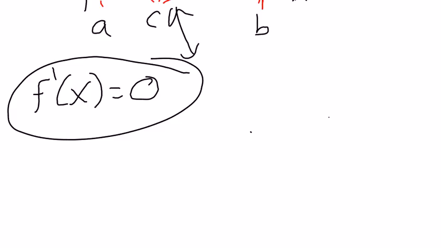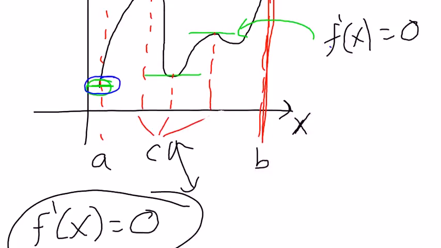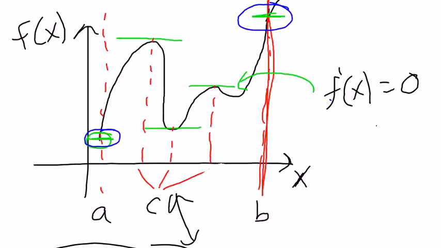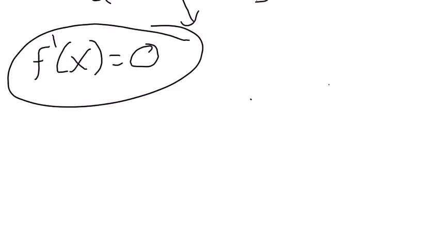By definition, they are where the min and max of the function are located: when the derivative is equal to 0 or it does not exist. This includes points at our interval endpoints as well. At our a and b, we could have derivatives that don't exist there because it could just be a sharp point or something. It could be a non-continuous function.